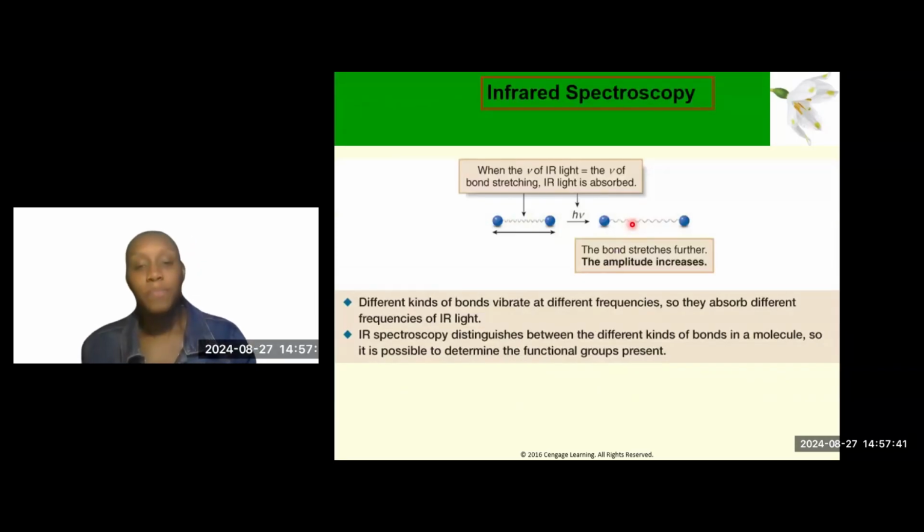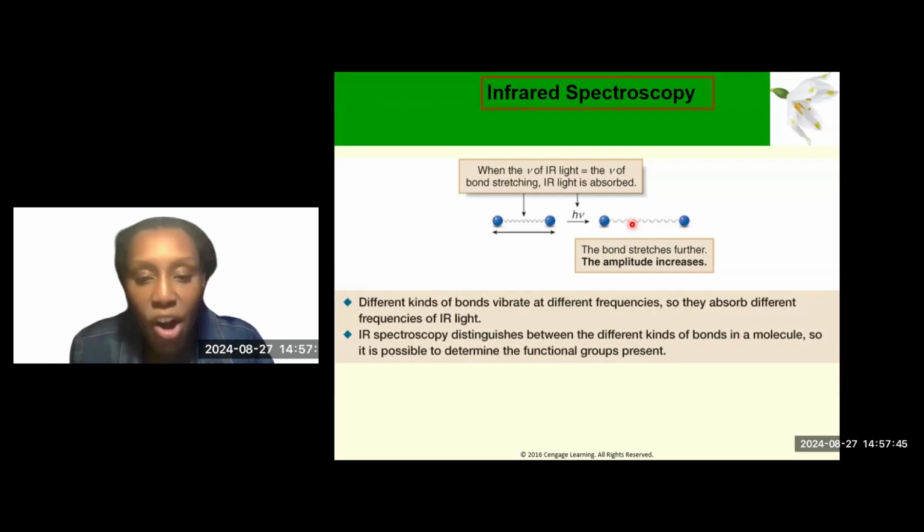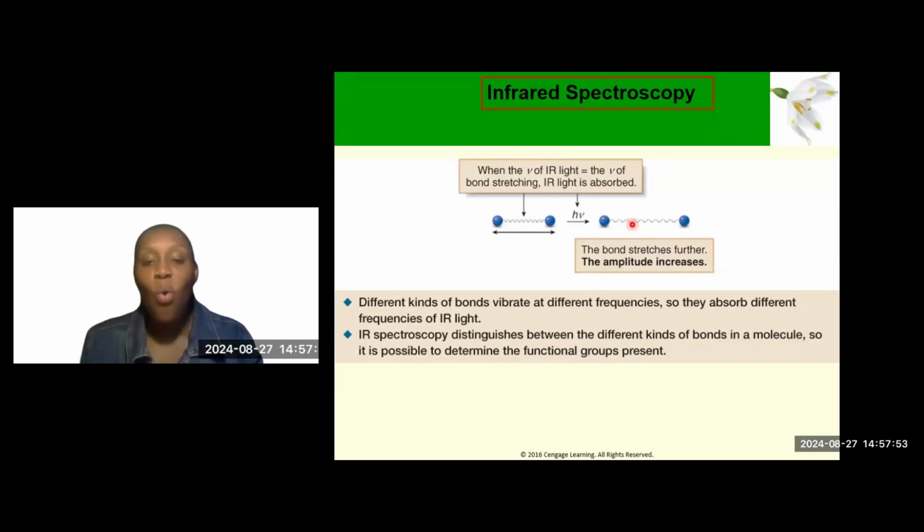All right, so just to reiterate, when the frequency of the IR light equals the frequency of the bond stretching, IR light is absorbed. Okay, so again, when they match, that's when the light is absorbed. So why is this important? It's important because the different kinds of bonds vibrate at different frequencies.